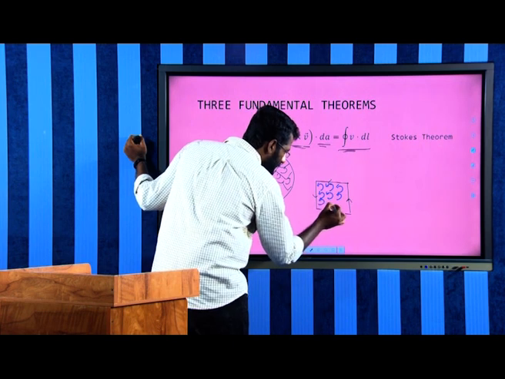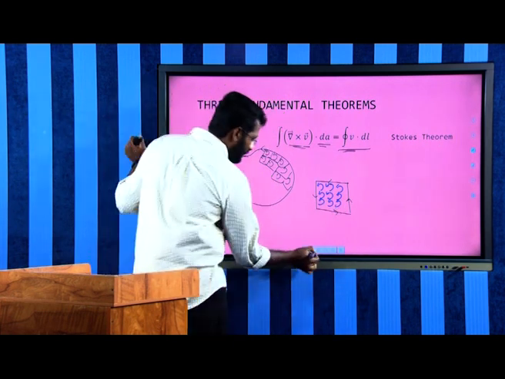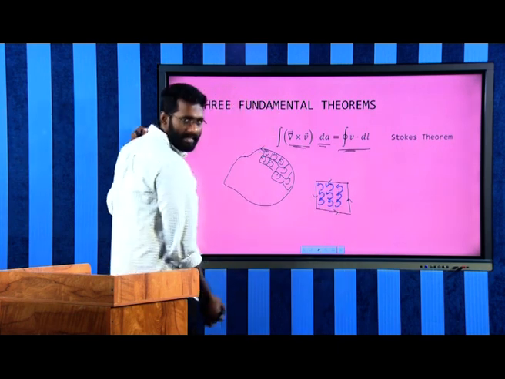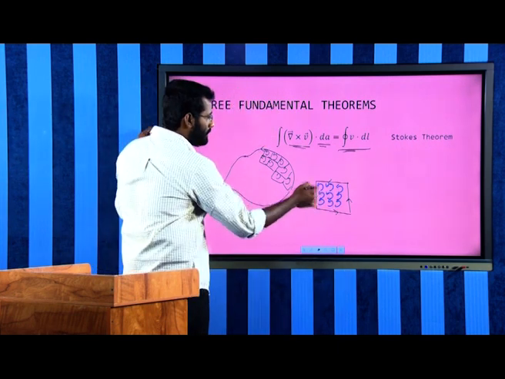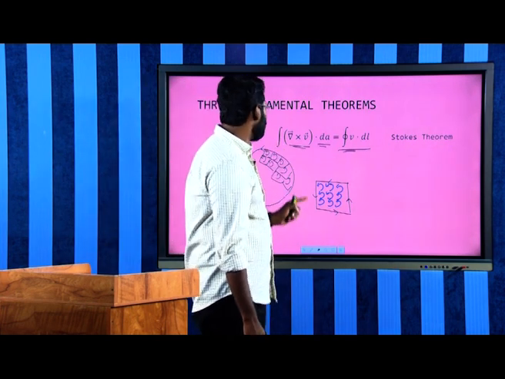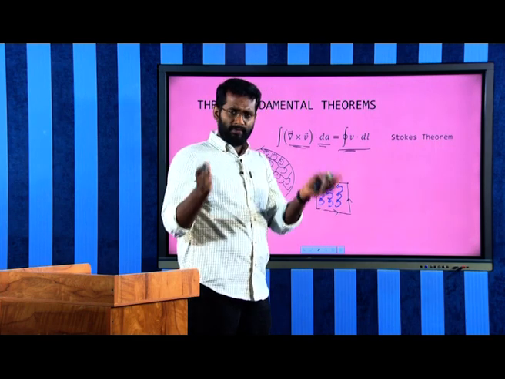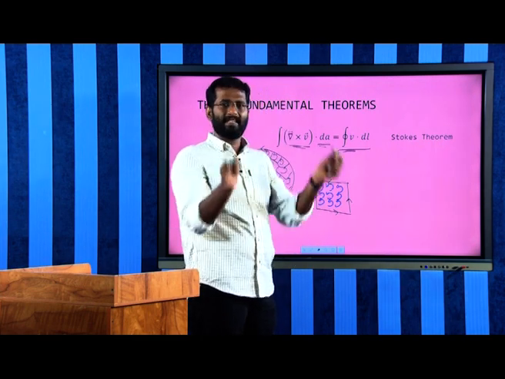I am splitting it into almost 9 circulations. Now here you see what happens inside. We need only the outside. By this law we know that we do not need to go inside on each piece. You only have to go for the outside, what happens at the edges.